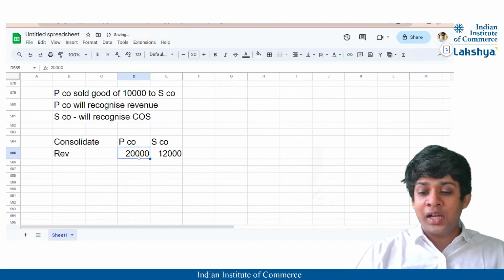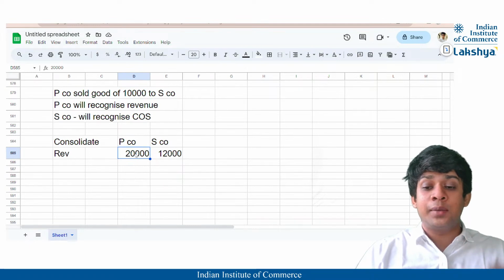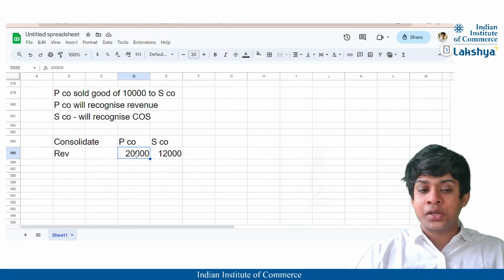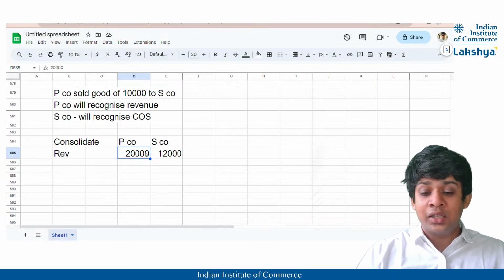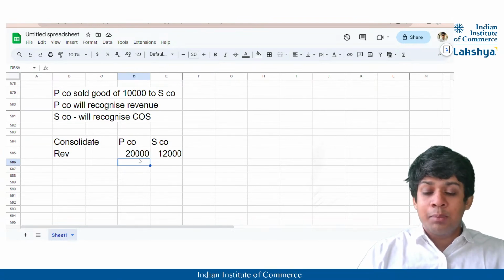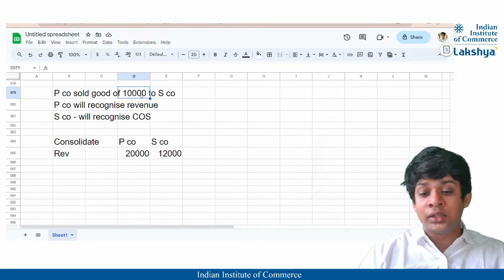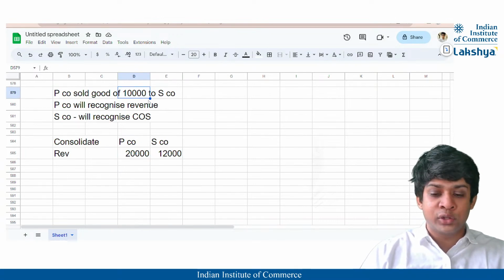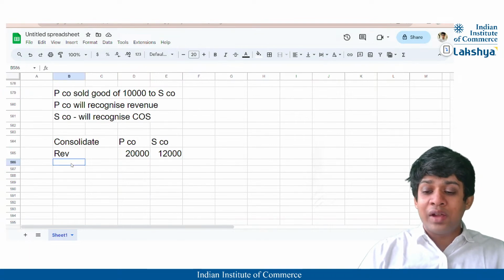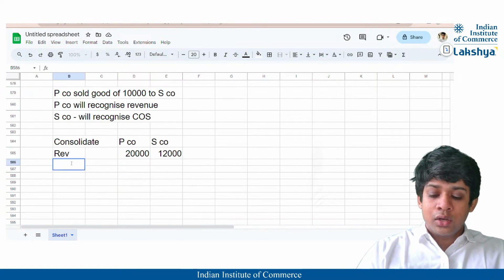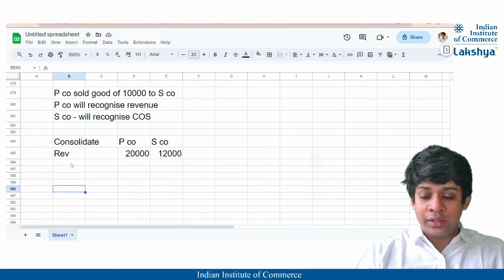In this revenue of P company, 10,000 worth of revenue P company has generated by making an intra-group sale of goods. So this shall be eliminated from this 20,000, right? Because in this complete revenue recognized, 10,000 was recognized because they sold 10,000 worth of goods to the subsidiary.